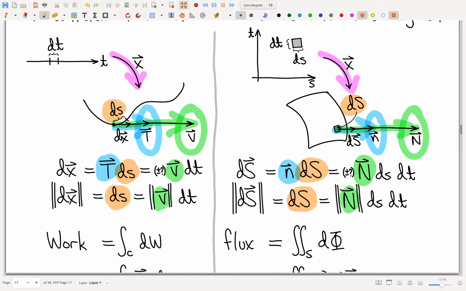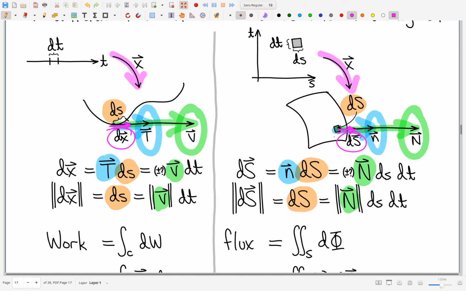Okay. The last part of this that I'll point out, we've talked about the dx vector, and we've talked about the dS vector. The nice features of which, again, I've already talked about how analogous these are.